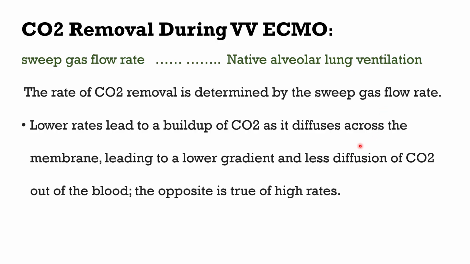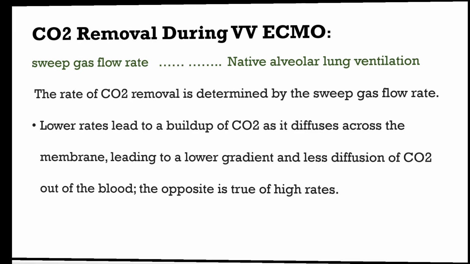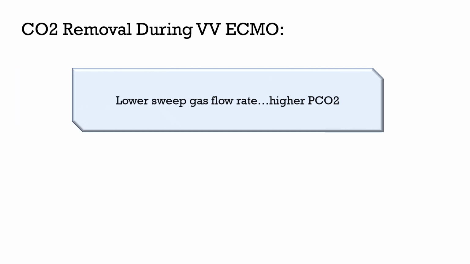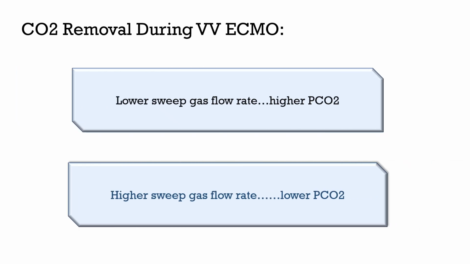If we use a lower rate of sweep gas, that leads to a build-up of CO2 as it diffuses across the membrane, so that will lower the gradient and less CO2 diffuses out of the blood, and the opposite is true when you use a higher rate. The summary of CO2 removal during VV ECMO: lower sweep gas will give higher PaCO2, and a higher sweep gas flow rate will lower PaCO2.